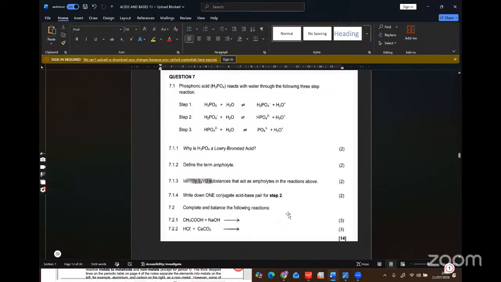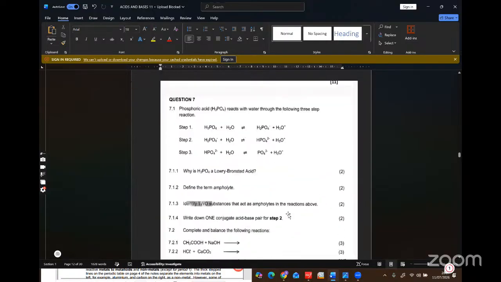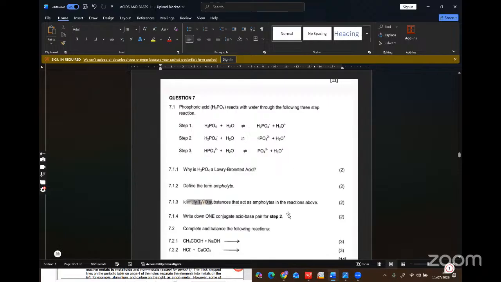Now, like I usually do, we are going to end here, but before we end, we will answer some past papers. Okay, so the first one says that phosphoric acid reacts with water through the following step reactions. So you have this one with water, and then you produce that. Step 2, this with water, you produce that. Step 3.